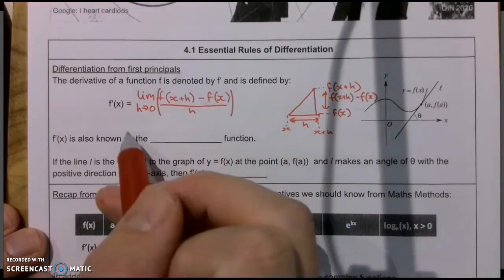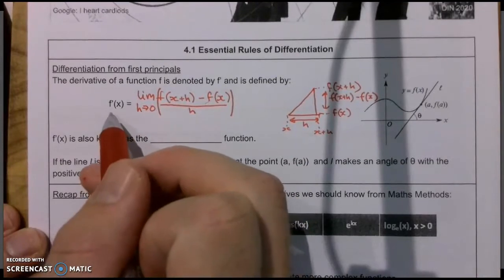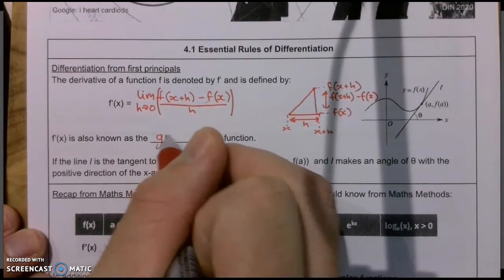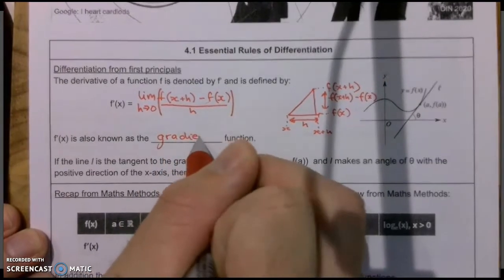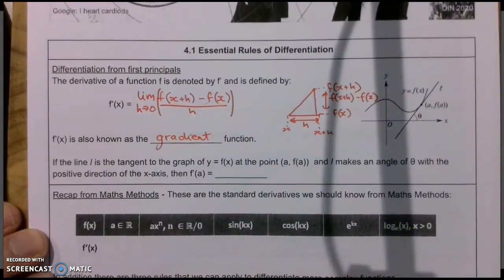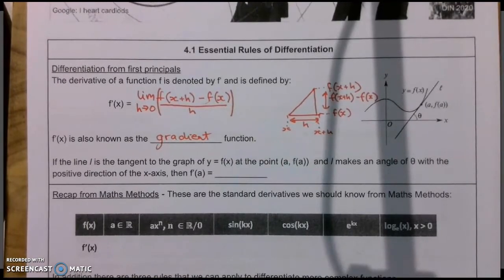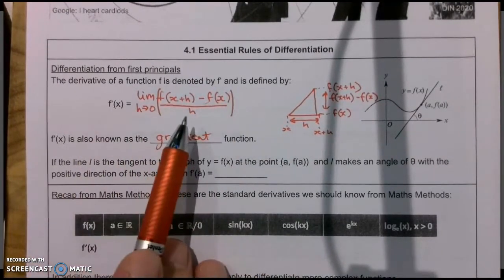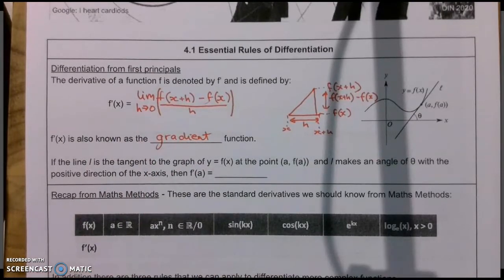This function, when defined for different values of x, is known as the gradient function, or f dash. And by following this process of looking at the limit from first principles, we developed different rules for different functions that we can apply without having to go back to first principles all the time.